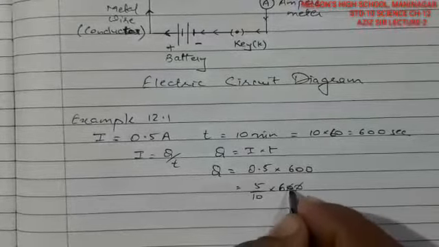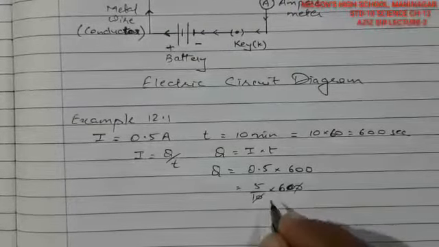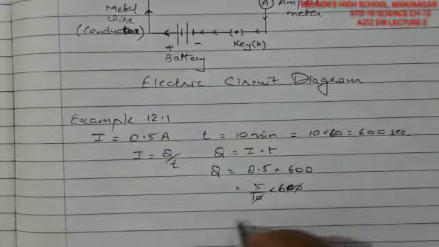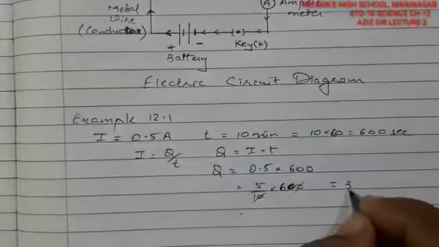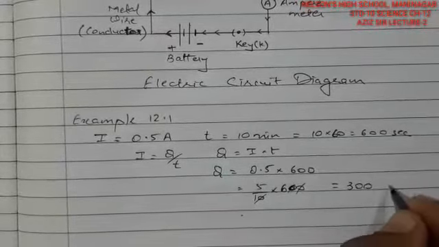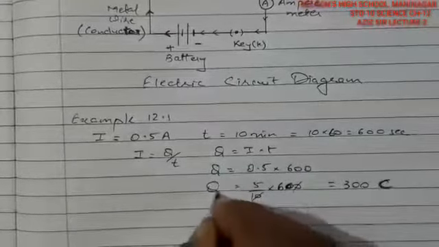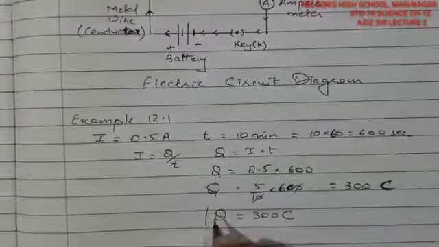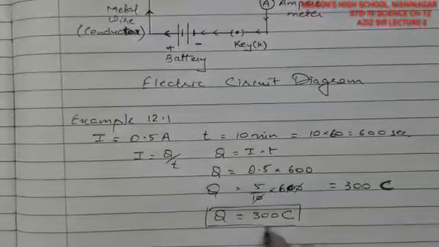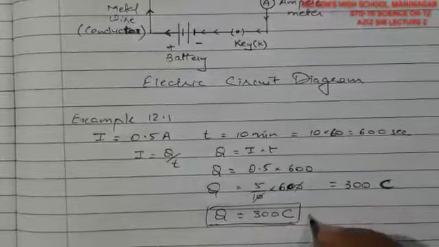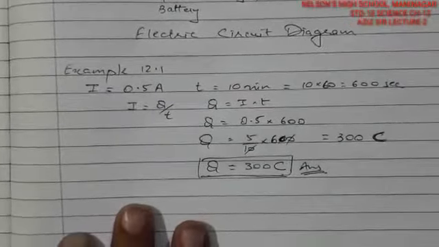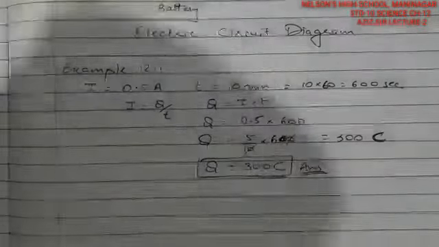So the 10 is getting cancelled, right, and 5 times 6, that is 30, comes out to be 300. And the charge is always in terms of coulombs. So the Q value comes out to be 300 coulombs. So this is your answer. This is the amount of charge which is passing, 300 coulombs.